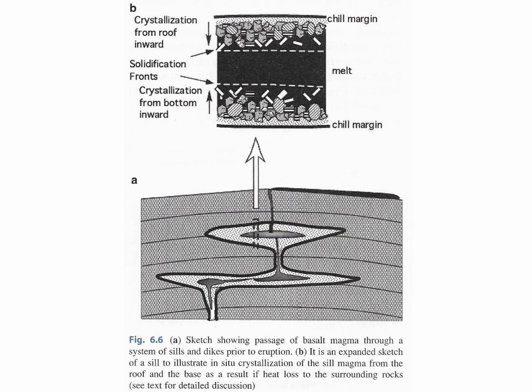So what is written here: sketch showing passage of basalt melt through a system of sills and dikes prior to eruption. Here we have dikes, and here we have sills. B is an expanded sketch of a sill to illustrate in situ crystallization of the sill magma from the roof and at the base as a result of heat loss to the surrounding rocks.